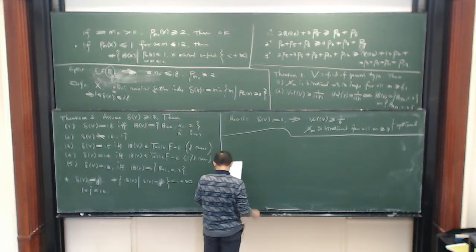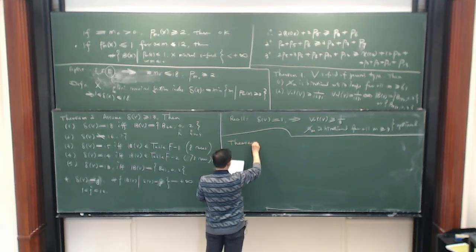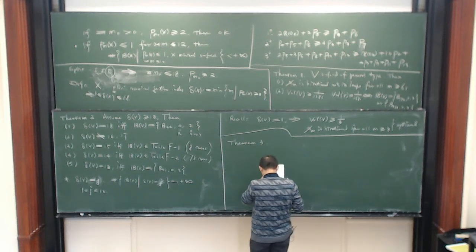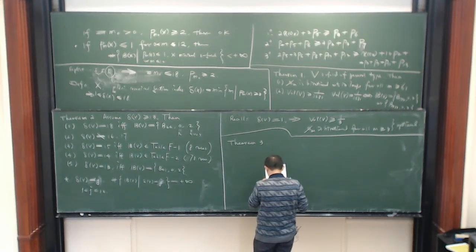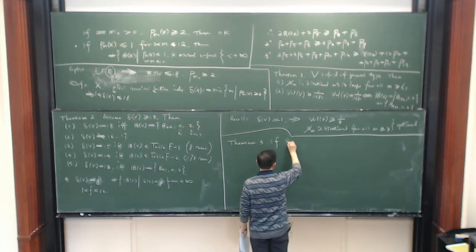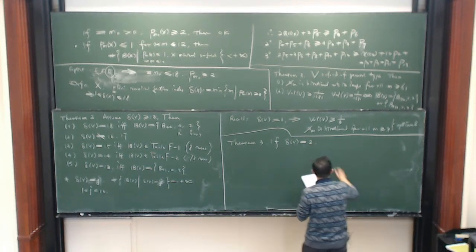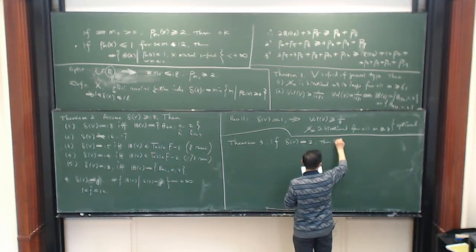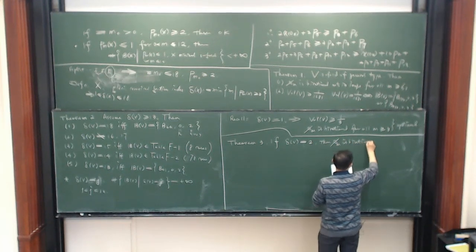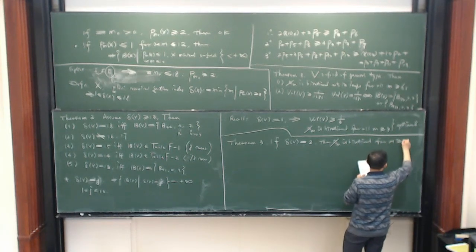So now let me write down the third result. If delta V equals 2, then what we know is that phi_m is birational for m larger than or equal to 11.